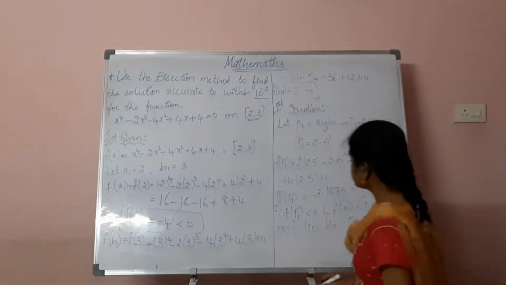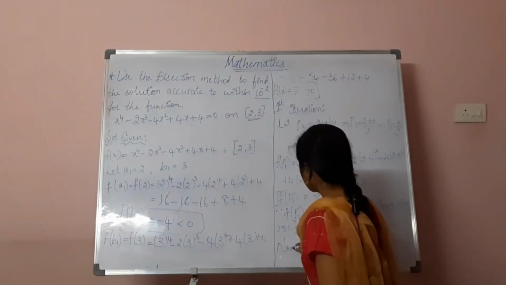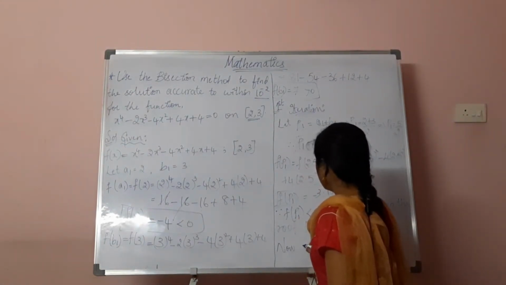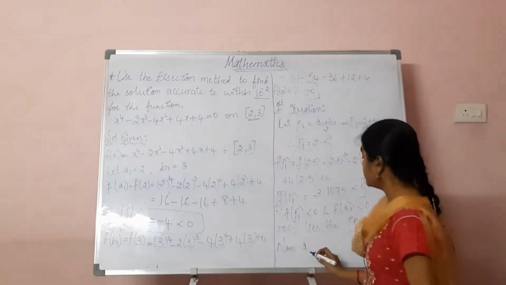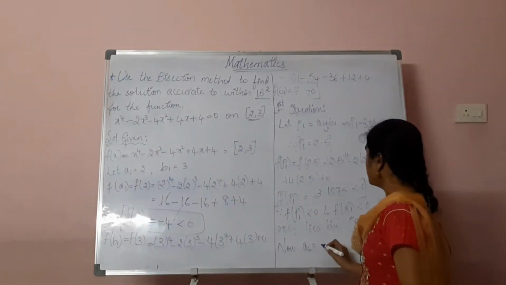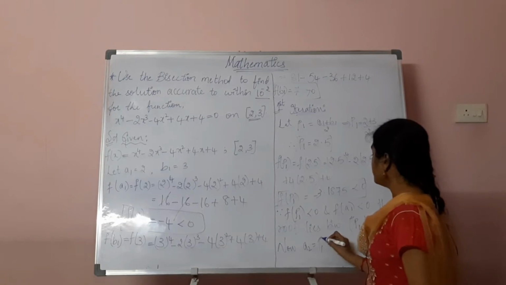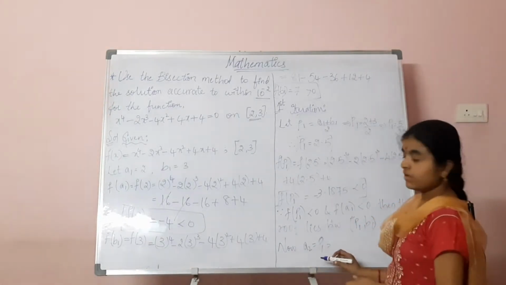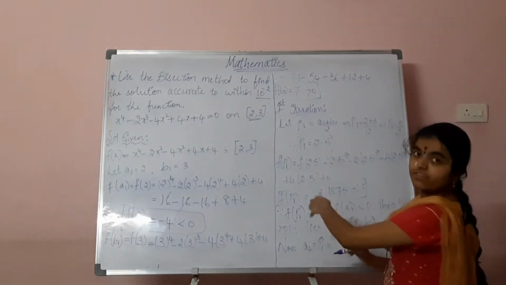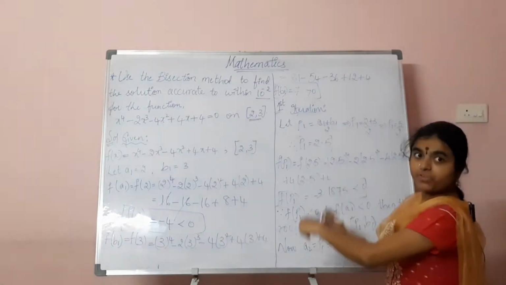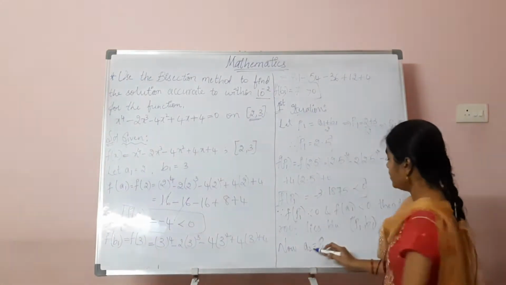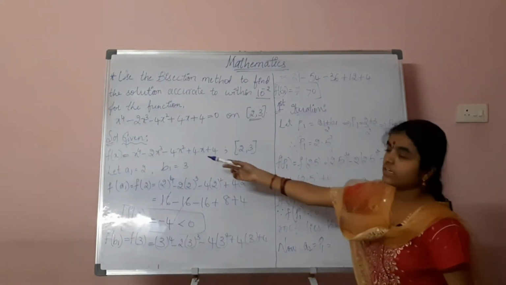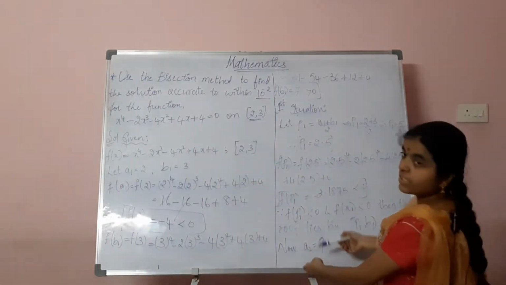So now A2 equals to P1. What is P1 here? 2.5. Now we have to take A2 because we are taking repetitions. So we should proceed with these iterations. Here we are taking A1. Now here we have to take A2.